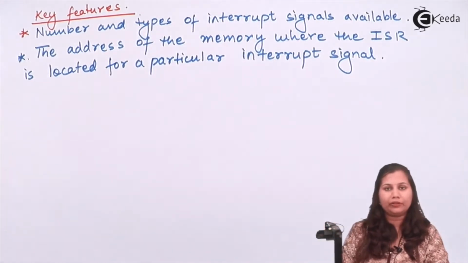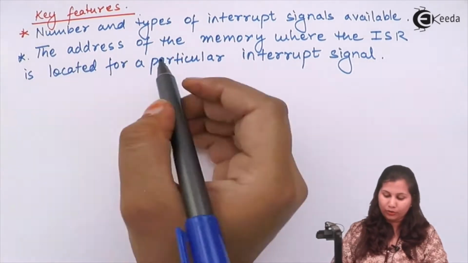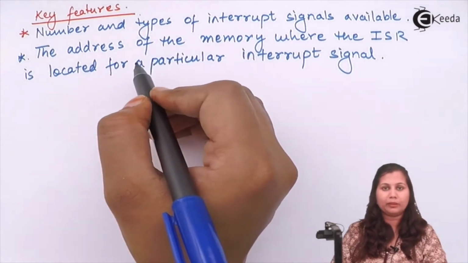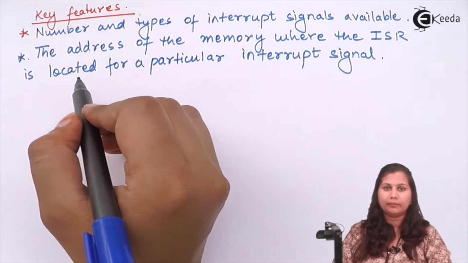For every interrupt signal, there will be an ISR, and that ISR should be executed. So we should know the address of the memory location where that ISR has been stored in the memory.